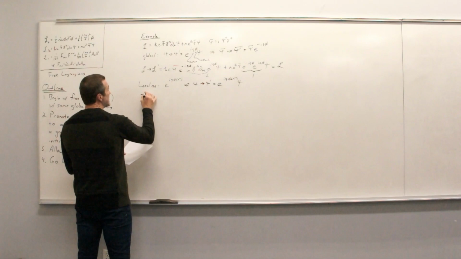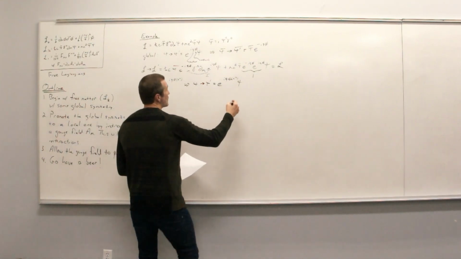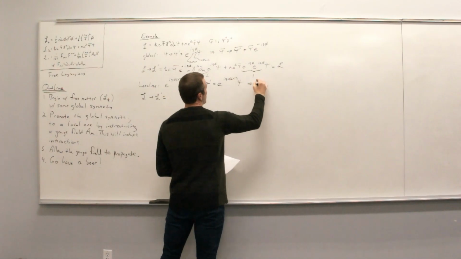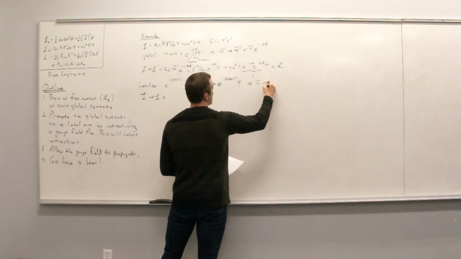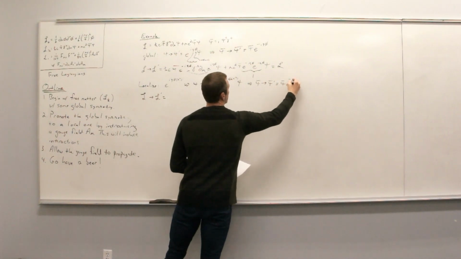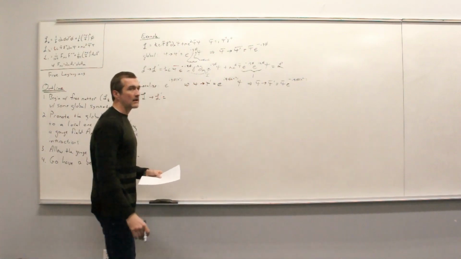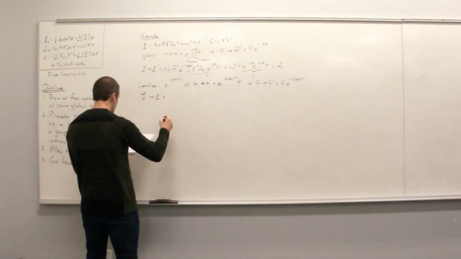Okay, so let's see how this works out for the Lagrangian. And by the way, of course, the psi bar transforms in an analogous way to up here. Nothing changes there. Now let's explore the Lagrangian.